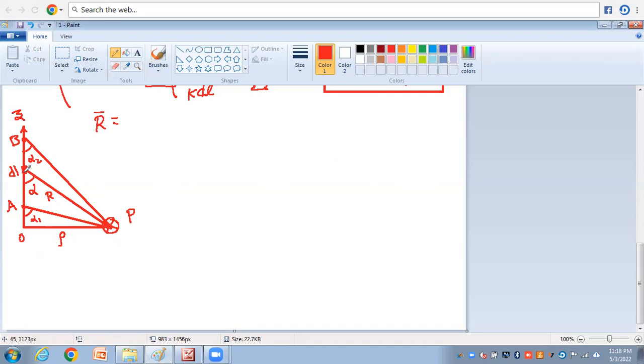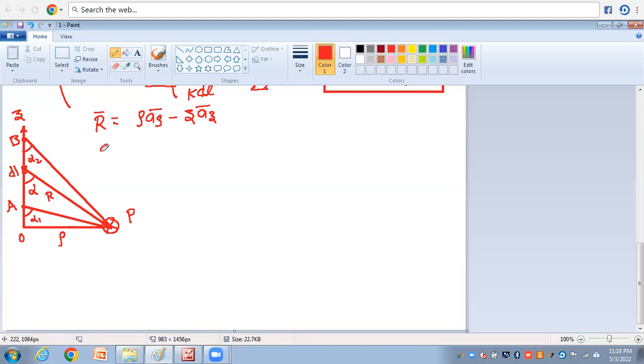Then I will write x a x plus y a y plus z a z. Now x a x plus y a y, I can simply write as r. Already I did everything in electrostatic fields in continuous charge distributions. Now finally I will write R bar equal to rho a rho bar minus z a z bar. So doing the mathematical part, this is about R bar.